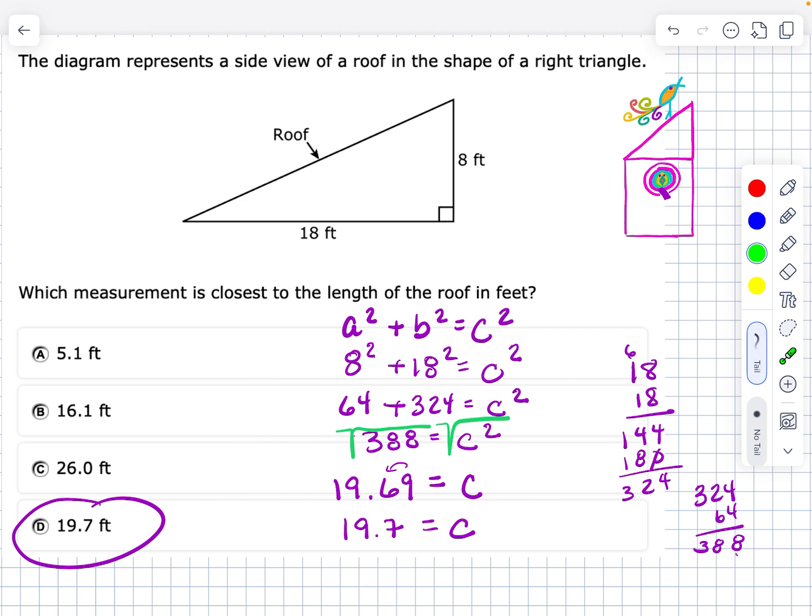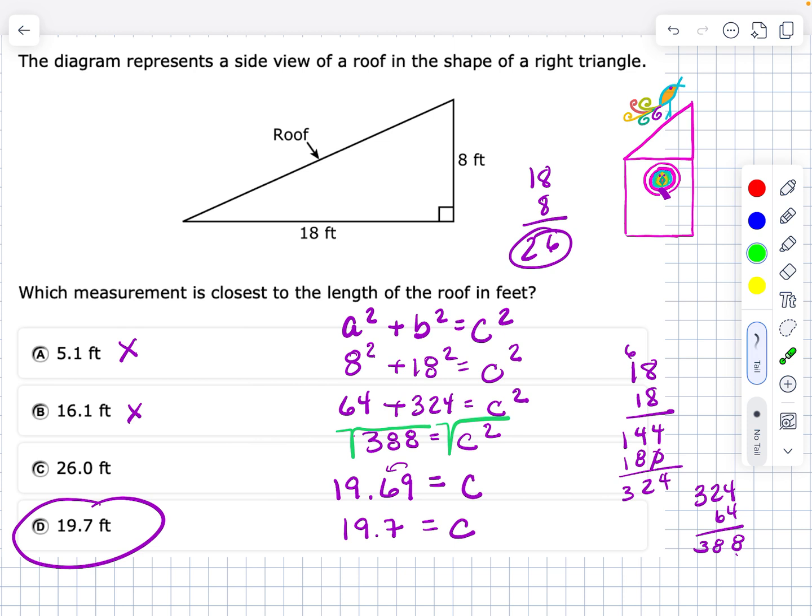Okay, so it's longer than 18, so the answer cannot be 5 or 16, because we know the hypotenuse is the longest side of a right triangle. Okay, and also when you add 18 and 8 together, you get 26, and this roof length needs to be shorter than these two added together.